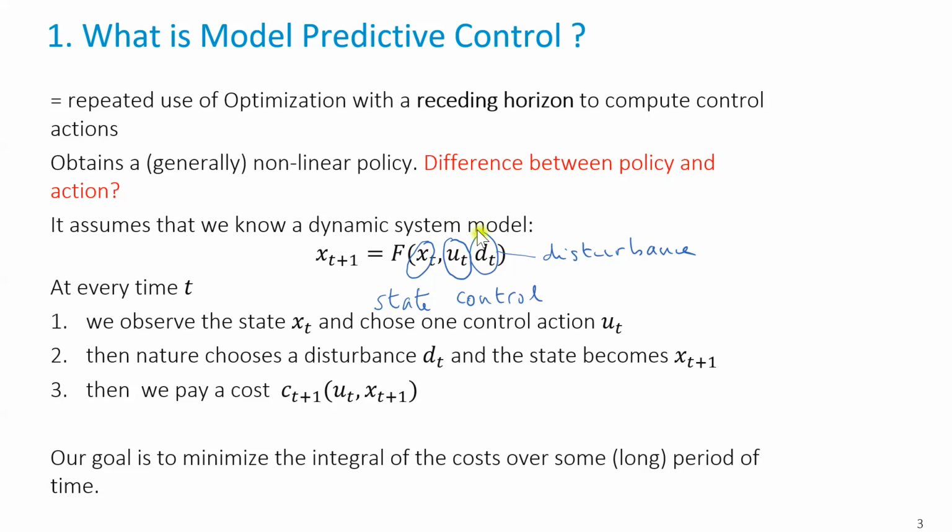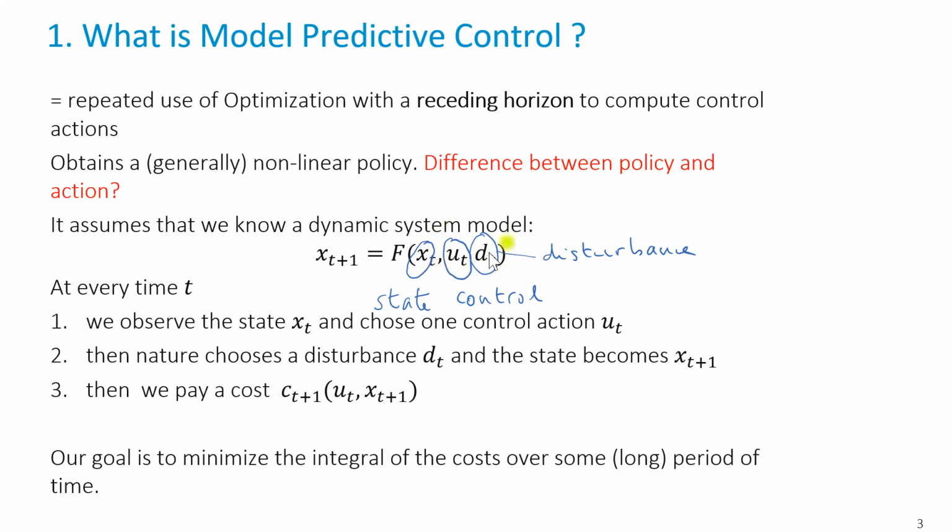Of course, the problem is the disturbances are not known. We have a forecast, but they will evolve over time. And our job is to compute now, at time t, a decision u_t, given where we are. This we typically know, although there are models that will treat the uncertain part of the state as a disturbance.